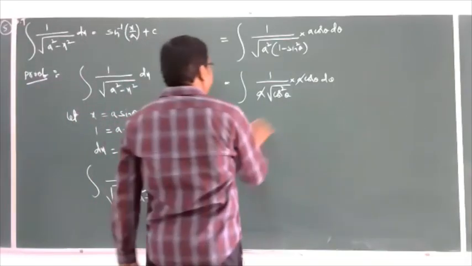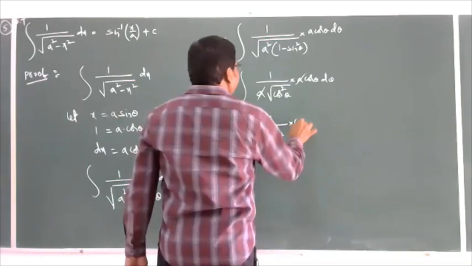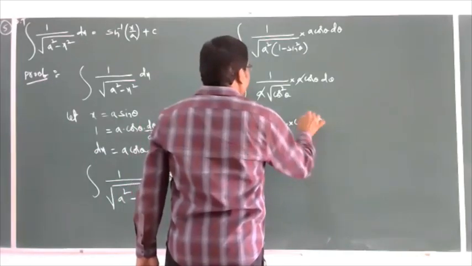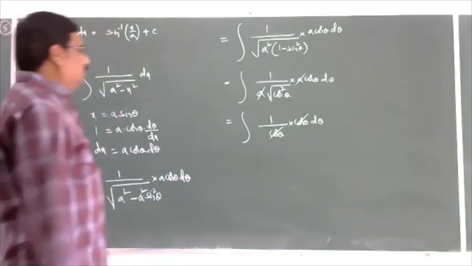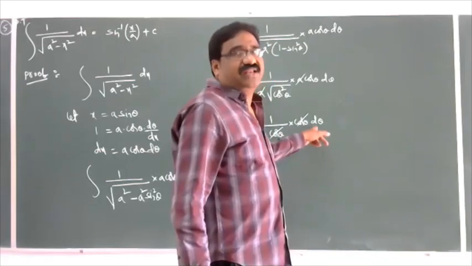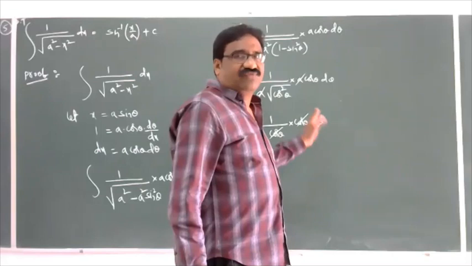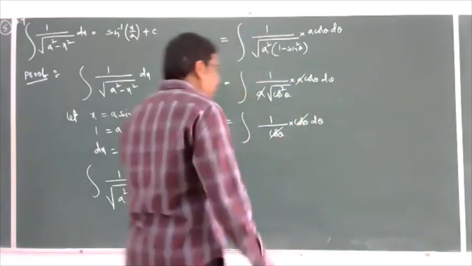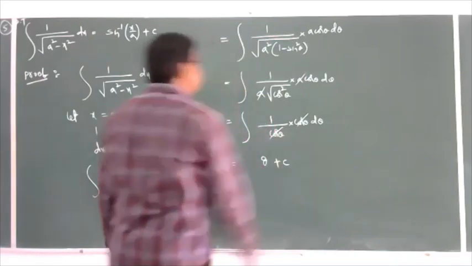That is equal to integral 1 by root cos square theta, which is cos theta, into d theta. Cos theta cancels. Then the integration of 1 with respect to theta. Integration of 1 with respect to x is x, so integration of 1 with respect to theta is theta. That is equal to theta plus c.